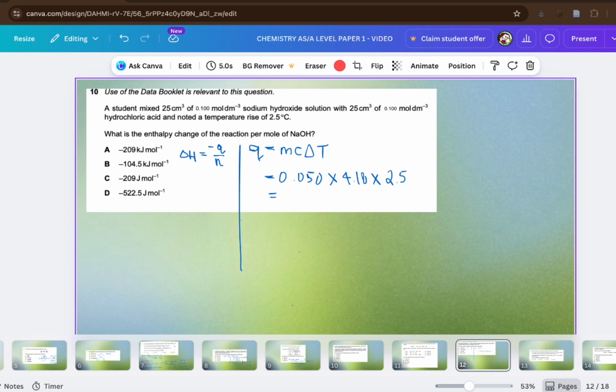We don't need to convert into Kelvin because it is already the difference in temperature, which is the same. This will result in 0.5225. We'll return to negative. Okay, let's move.